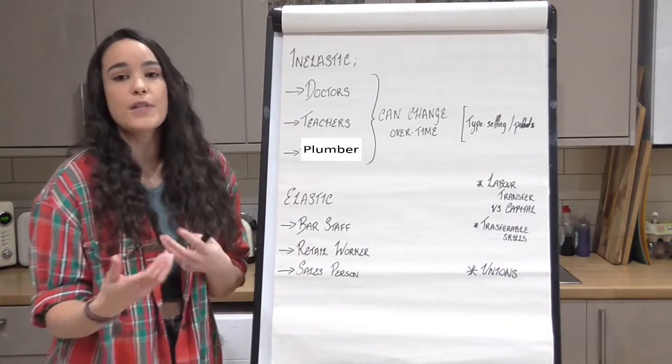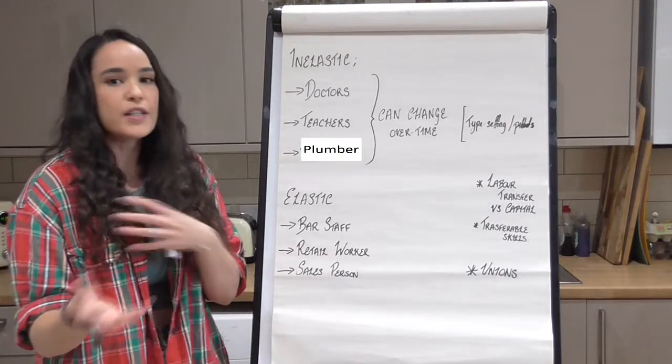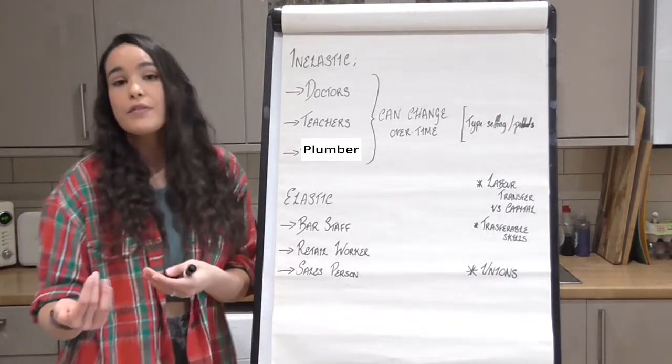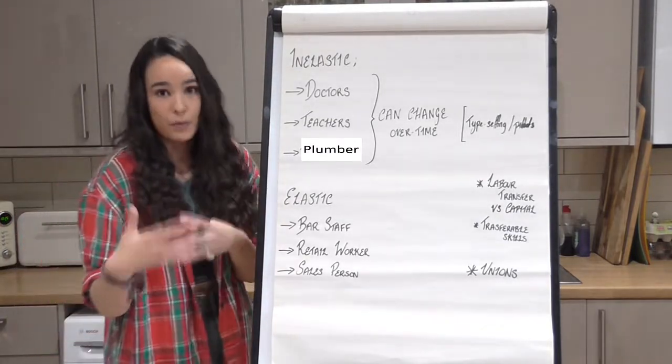Equally, I have some elastic examples for you: bar staff, retail workers, salespeople. All of those jobs are very elastic. What I mean by that is, if the wage goes up, then they can switch around. People will enter the market or leave the market when the wages change, and equally demand will change as well.